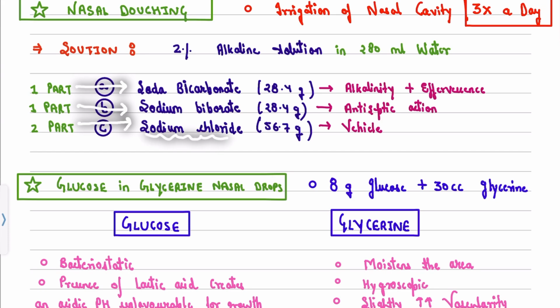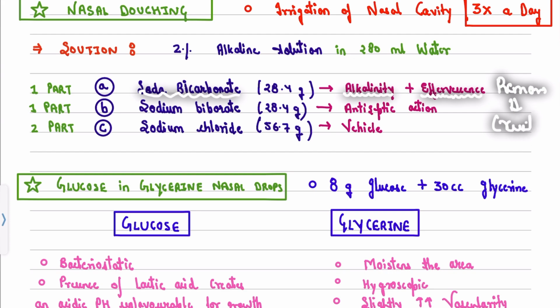What does sodium bicarbonate do in the nasal cavity? It produces alkalinity in the nasal cavity and it produces effervescence, which removes the crust. What does sodium biborate do? It leads to antiseptic action.